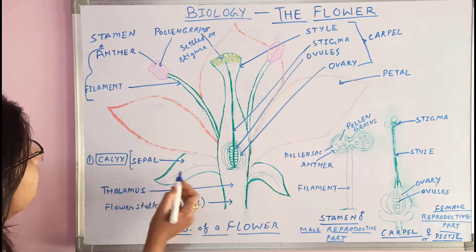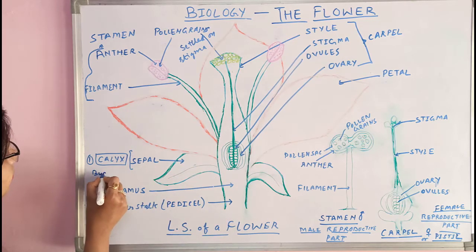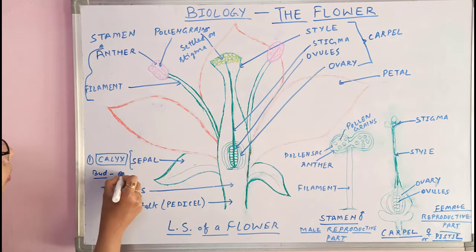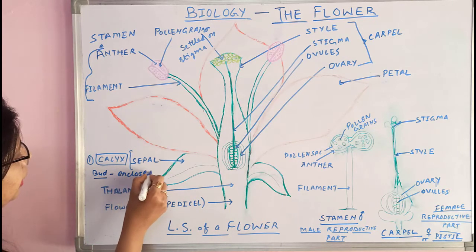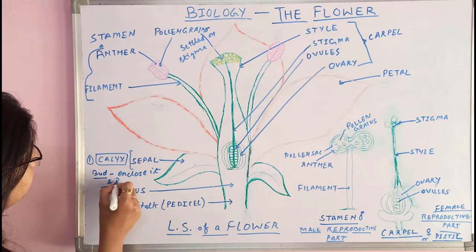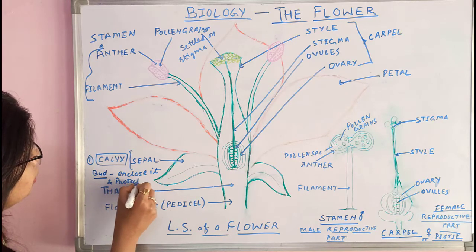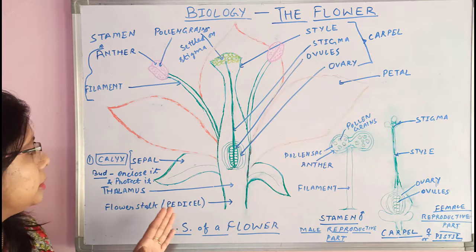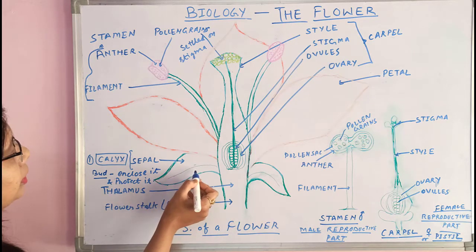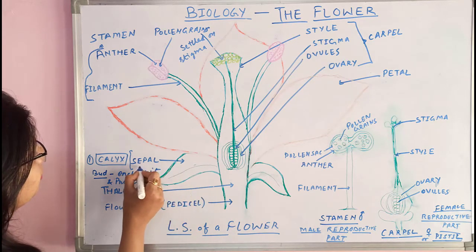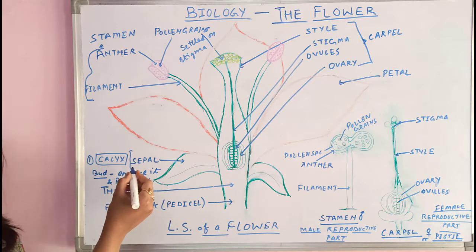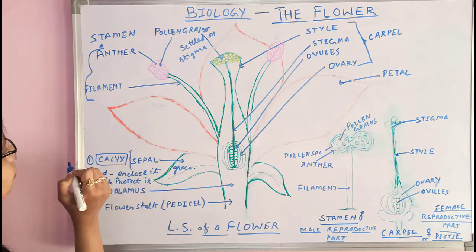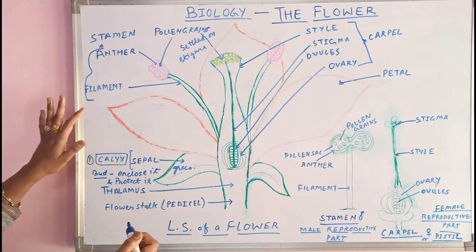When the flower is in the form of a bud, it encloses it and protects it from any damage. This is the main function of sepal. Mostly these are green in color. Now this one is the first whorl, and after this, the second one.